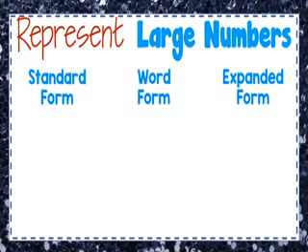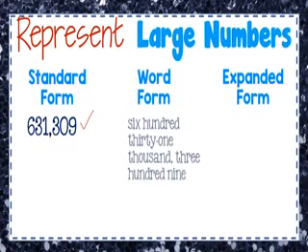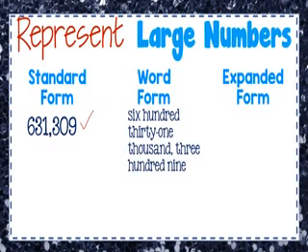Let's take a number. Look at the standard form of that number. This number is 631,309. Move towards its word form, where you write all this number in words. 631,309. Expanded form of the number.